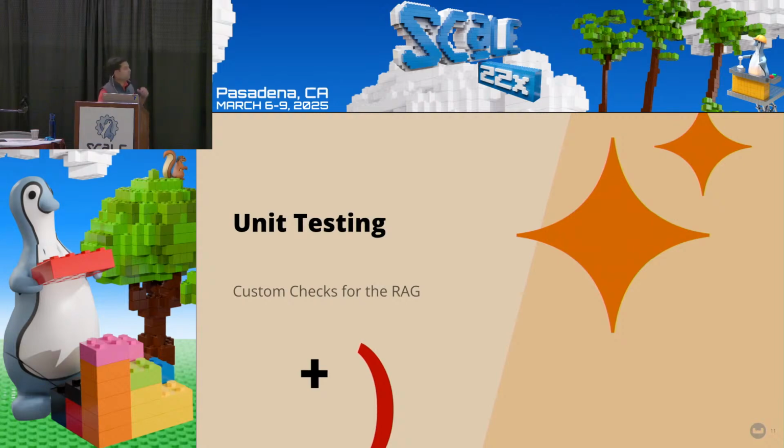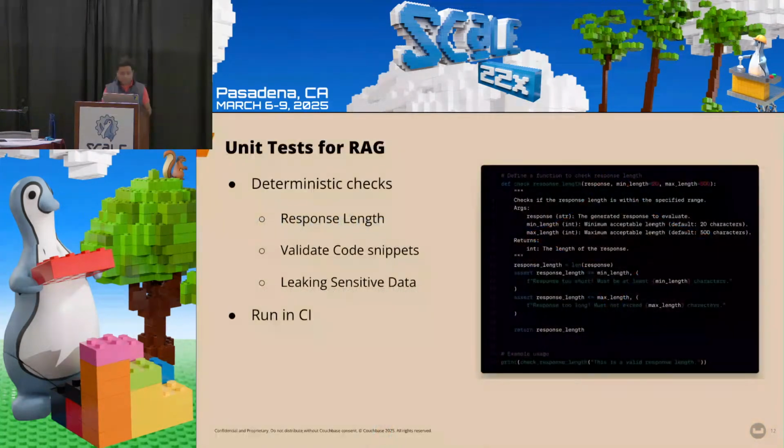You can do something similar in RAGs as well. For example, there could be cases where you don't want the response to be beyond a certain length. For these kinds of things, you can write small pieces of code in your application to check them.